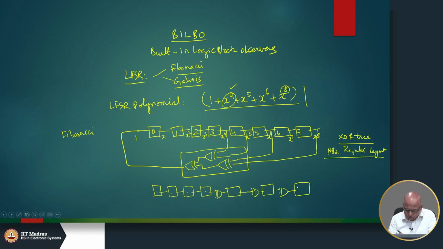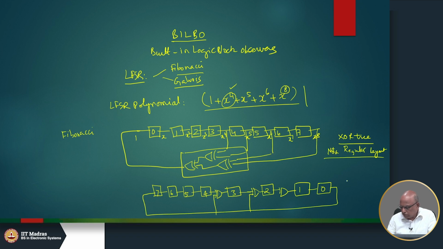Okay. So, we will label these, actually here it will be better to label them 7, 6, 5, 4, 3, 2, 1, 0. And the feedback comes from here. Okay.